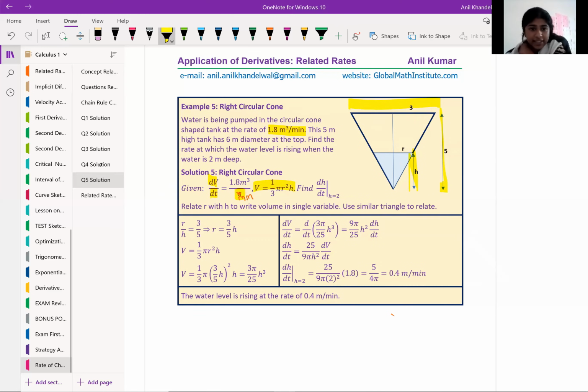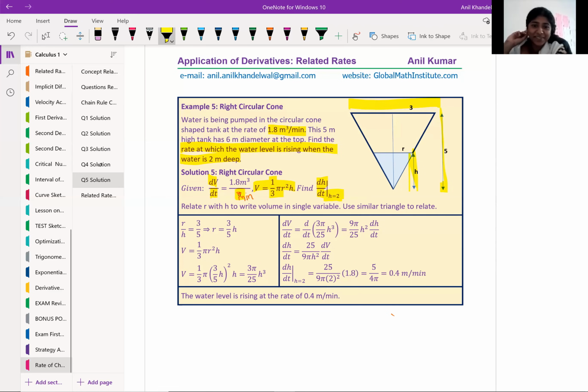And it says find the rate at which the water level is rising when the water is 2 meters deep. Here it hasn't stated with respect to what, but because it says find the rate, we know it's with respect to time. And like in the previous question, it says the water level, so we know they're dealing with the height. So dH over dt, and the height is 2 meters. So that's everything from the question.